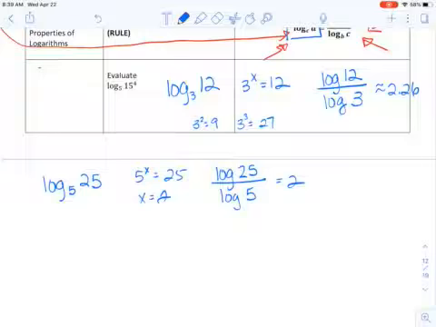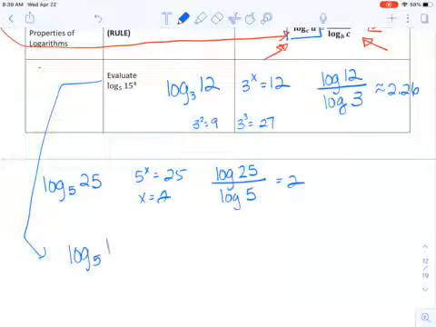Okay, so this example here that's up there, I'll put this down here now. Log base 5 of 15 to the 4th. Well, first of all, the power rule says go ahead and write that 4 out front.